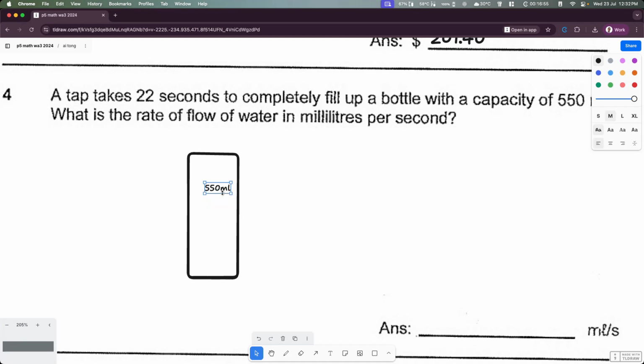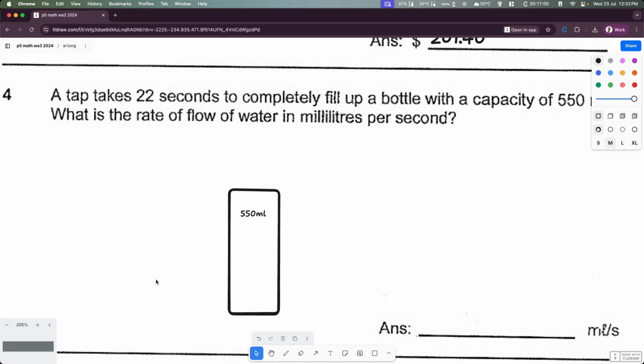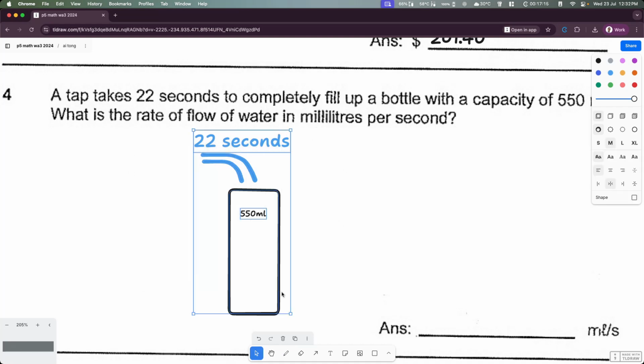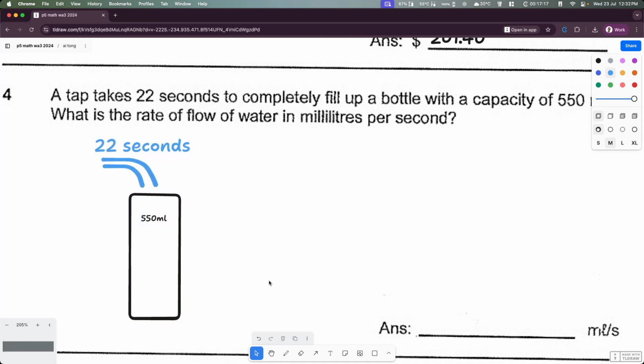So if you pour water into it, let me draw some water in blue color. We're going to pour some water inside it like this. Then this will take roughly 22 seconds. So how much per second? What's the rate of flow basically?